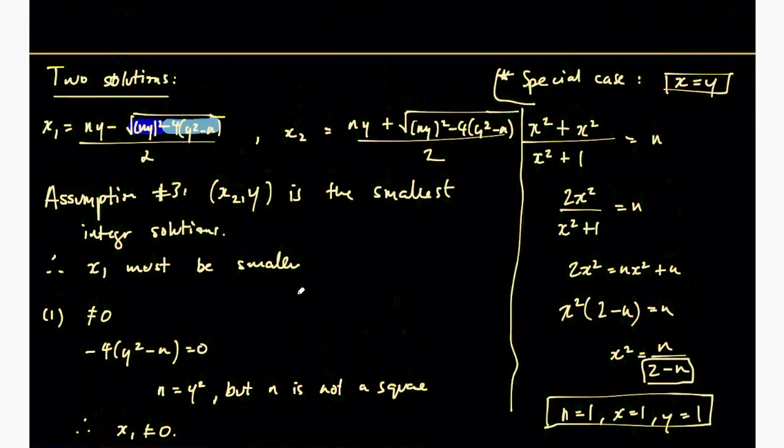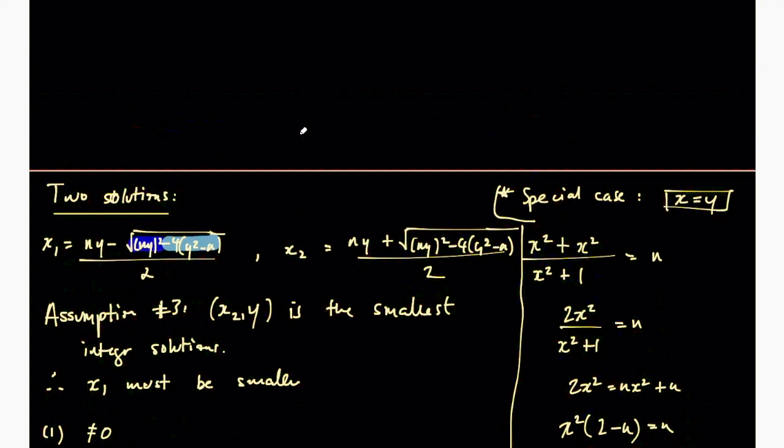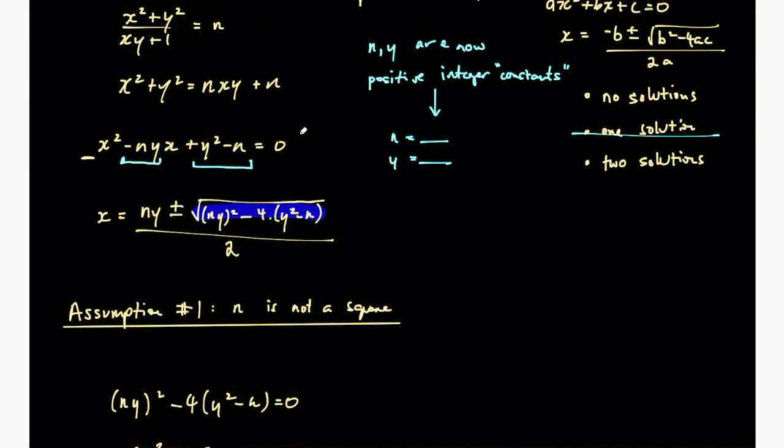Well, remember we're assuming x2 is an integer. Now, for a quadratic in this form up here, to have one integer solution, the other solution must also be an integer. Okay, this is something that for some reason didn't click in my mind. So what I'm saying is, if one of these is an integer, the other one must also be an integer.